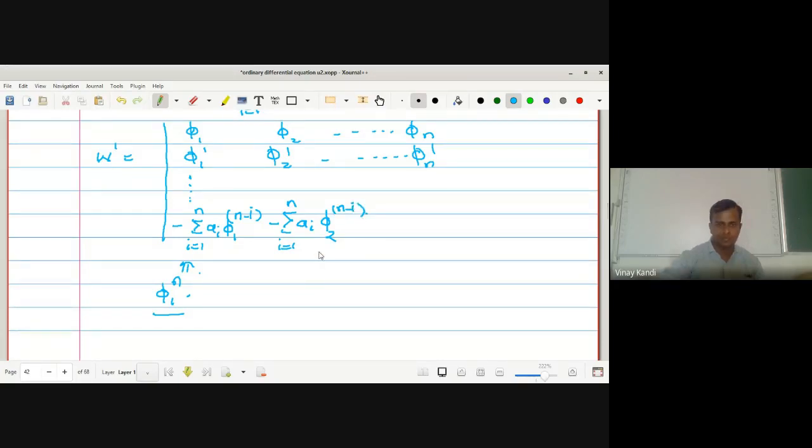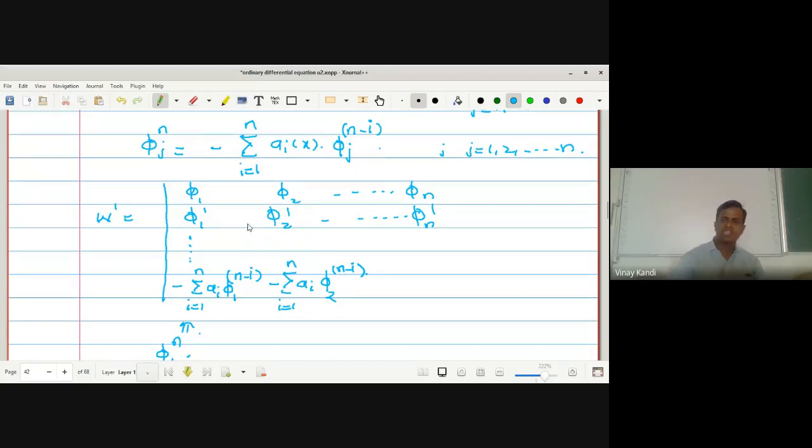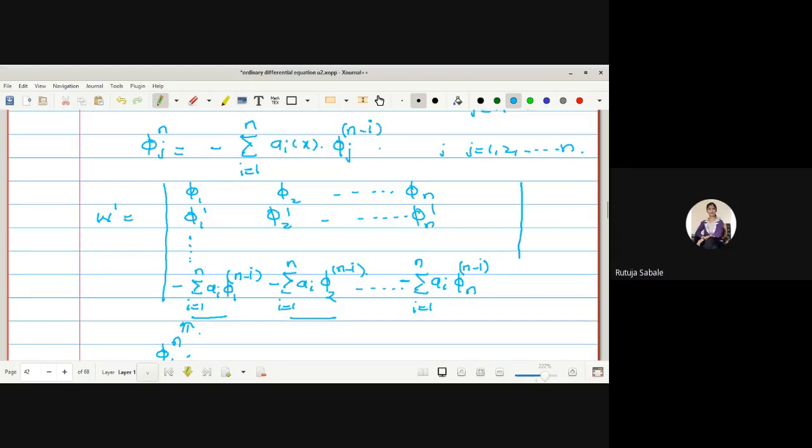I only ran it for j equal to 1, this is what came, for j equal to 2 this came, up to so on, j raised to n. For j equal to n, what will come? Minus summation of i running from 1 to n, ai into phi n raised to n minus i. Is it correct? Yes, sir.